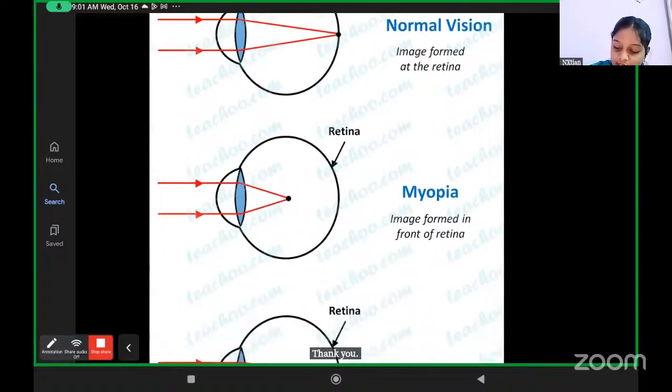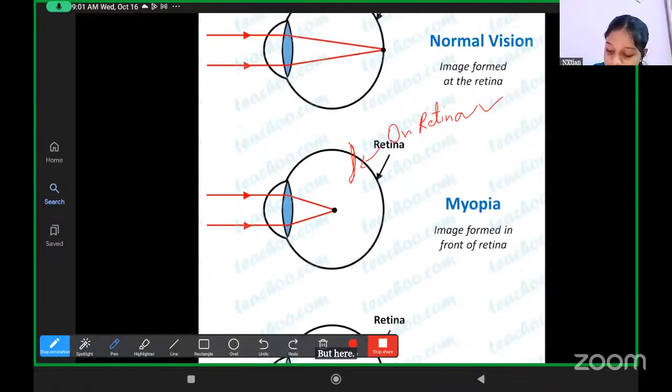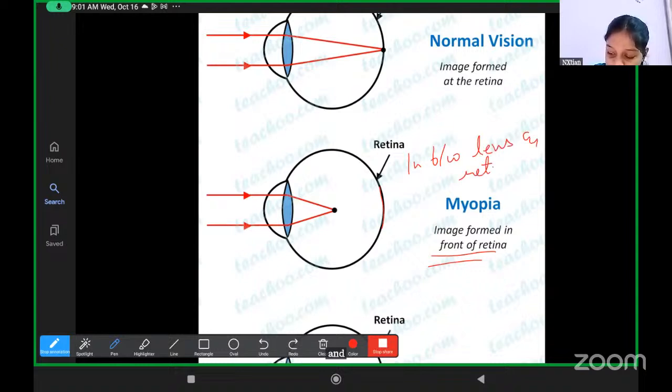But here, this is the lens and this is the retina. The image forms in front of the retina, in between the lens and the retina, but it should take place on the retina, and that's not happening.